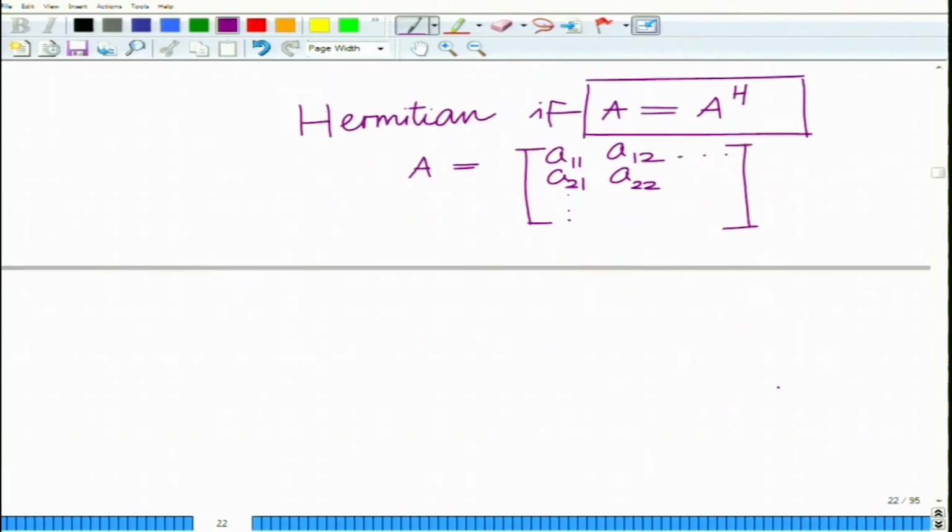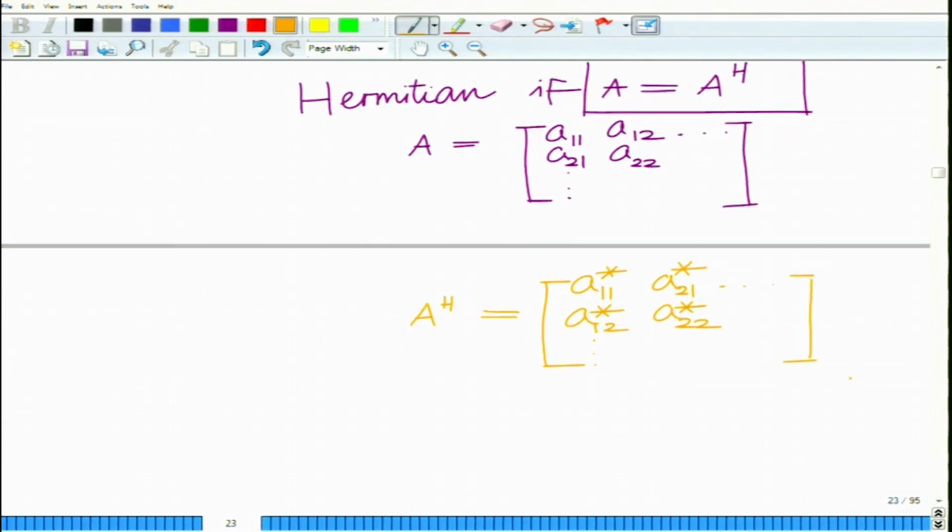For the Hermitian matrix, you take the transpose and take the complex conjugate of each element. So this will be A11 conjugate; since you are taking the transpose, this becomes A21 conjugate, A21 becomes A12 conjugate, and this is A22 conjugate.